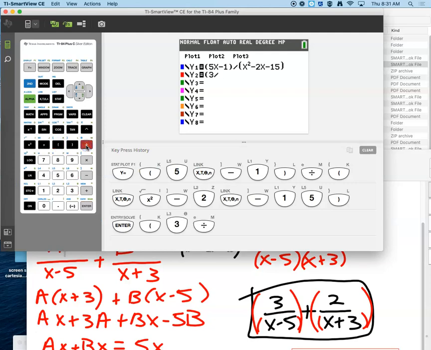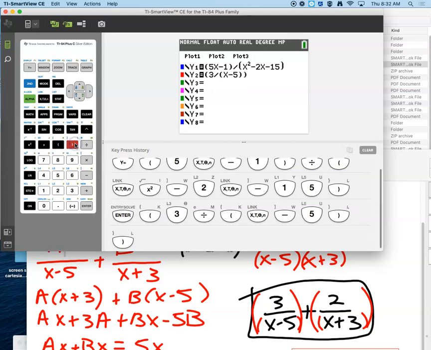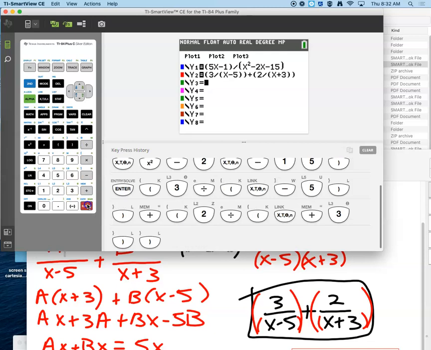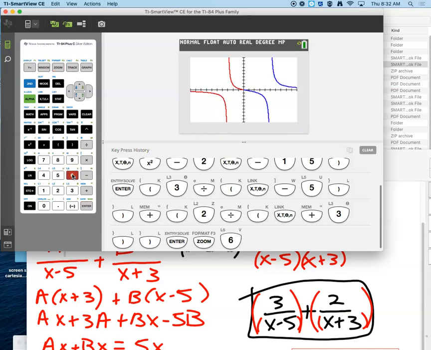Parentheses 3 divided by parentheses x minus 5, plus parentheses 2 divided by parentheses x plus 3. Whew. All right, so now when we hit zoom 6 or graph, we should see one graph go right over the top of the other. And it does. So we broke it apart with the correct A's and B's to make that happen.